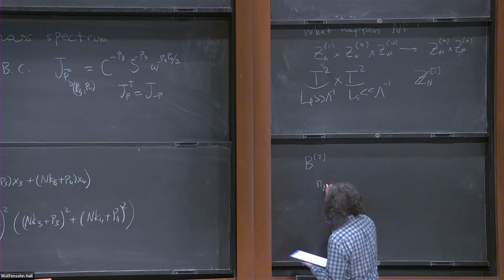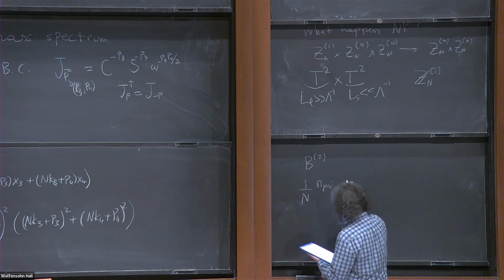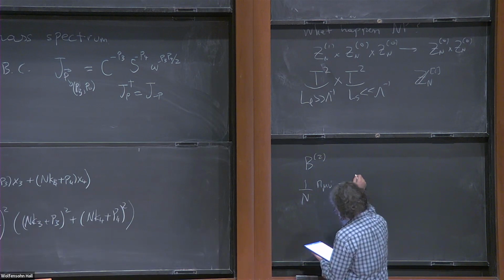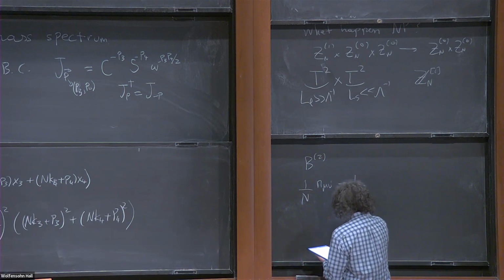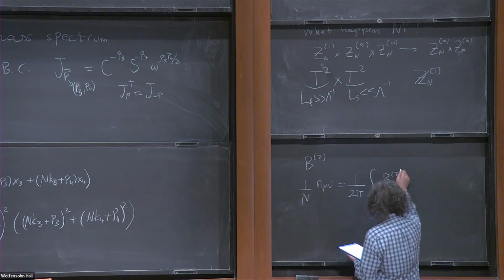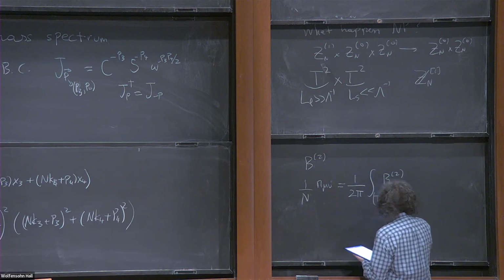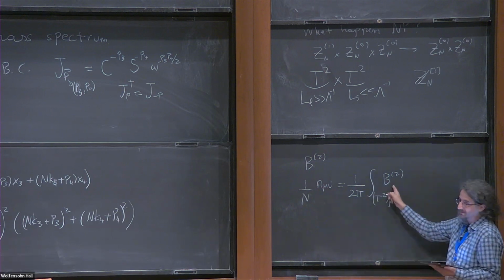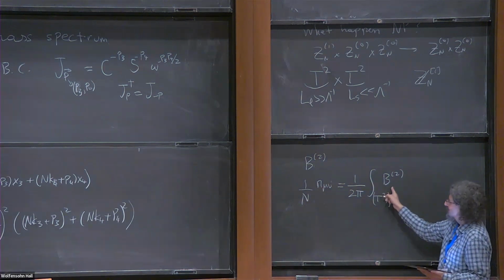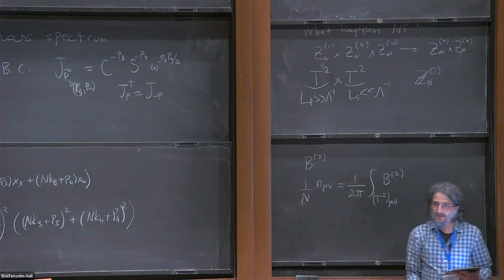We can introduce these 't Hooft fluxes n_mu nu, equal to the integral of this two-form field, a Z_n valued two-form field, over T2 in the mu nu directions. This two-form field is nothing but the discrete 't Hooft flux.